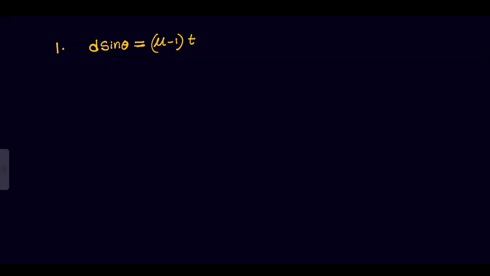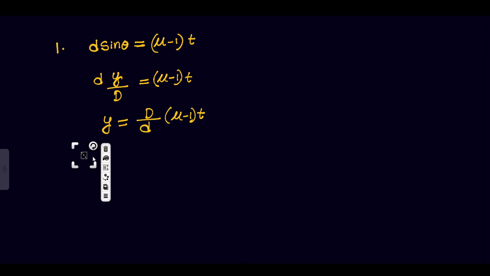Then that should be given as d into sin theta equal to d y by capital D, which is equal to (mu minus 1) into t. From this we can say y is equal to capital D by small d into (mu minus 1) into t. Here y is called the lateral shift.